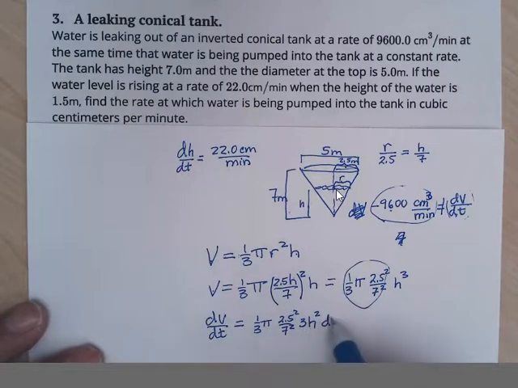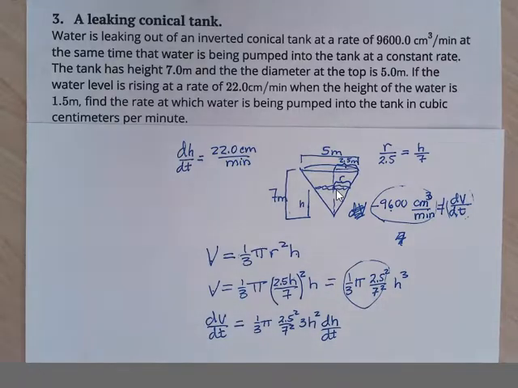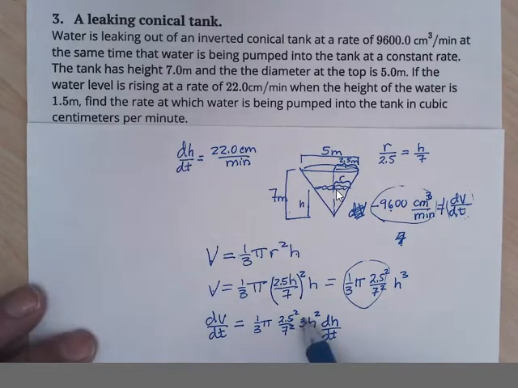Since it's not t, we have to go dh/dt. And this 3 will cancel that 3, and so we'd have pi times this stuff, h squared dh/dt.